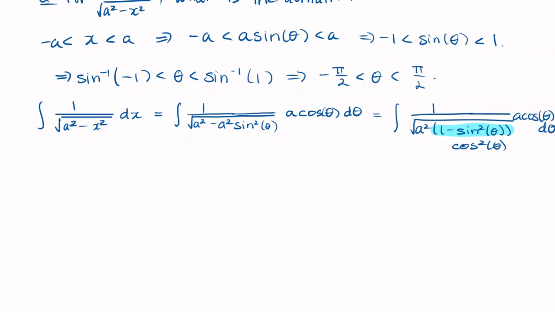Right? So that means we could change this. So we have 1 divided by the square root of a squared cos squared theta, then we also have a cos theta d theta. And then this is equal to, well, the square root of the denominator is just going to be a cos theta.